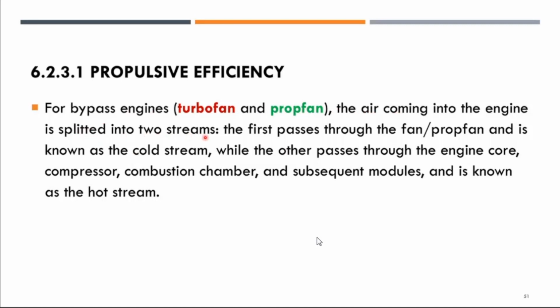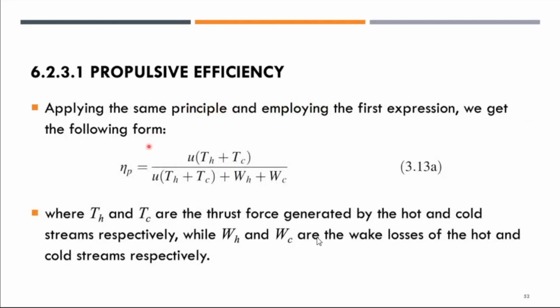One is the airflow that goes through the fan or prop fan, and is known as the cold stream, normally denoted as subscript C, while the other passes through the engine core, which includes the compressor, the combustion chamber, and other subsequent modules, and is known as the hot stream. And normally we denote it as subscript H. Applying the same principle and employing the first expression, we get the following.